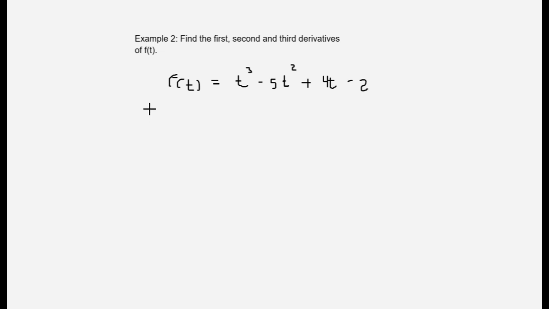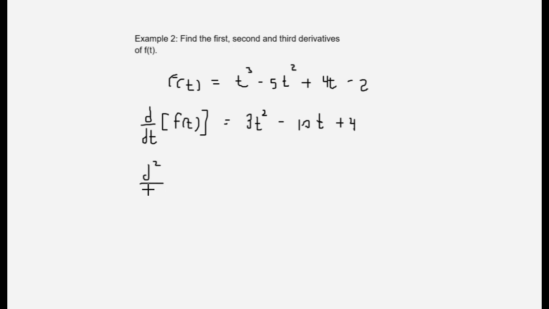So now let's use this Leibniz notation, d/dt of f of t. That's the first derivative. It's going to be 3t squared minus 10t plus 4. Now let's do the second derivative.